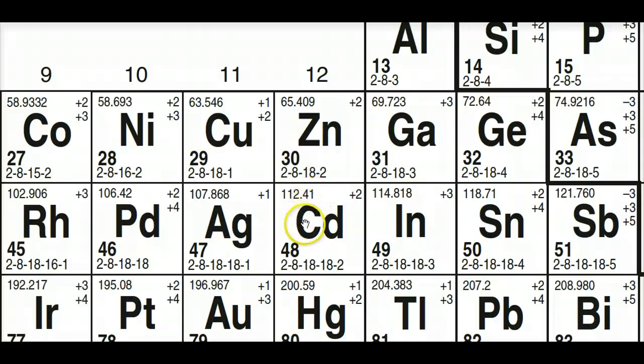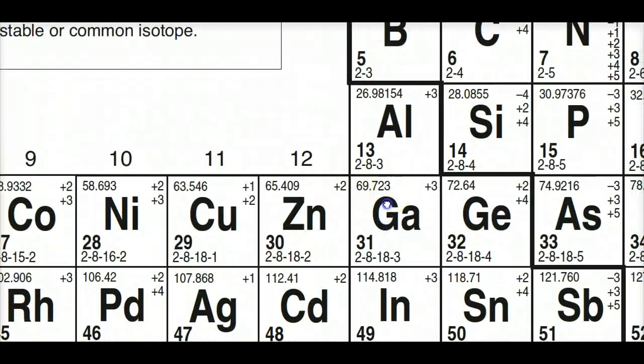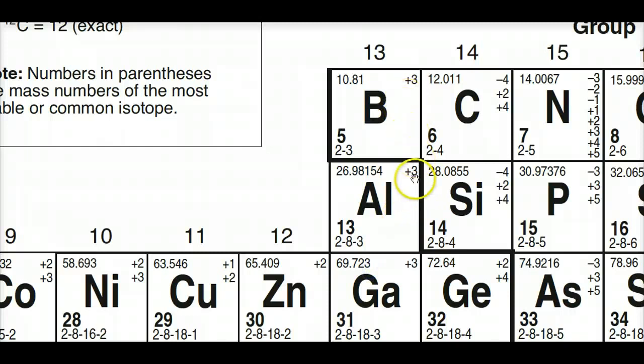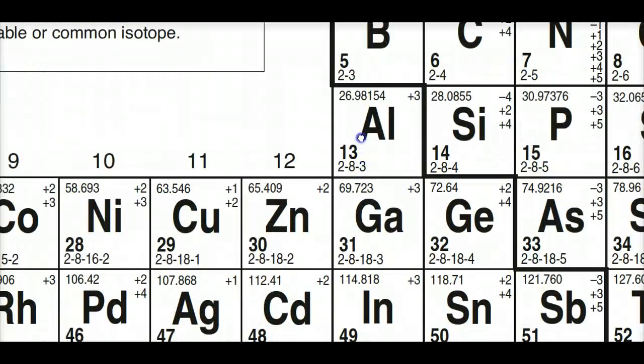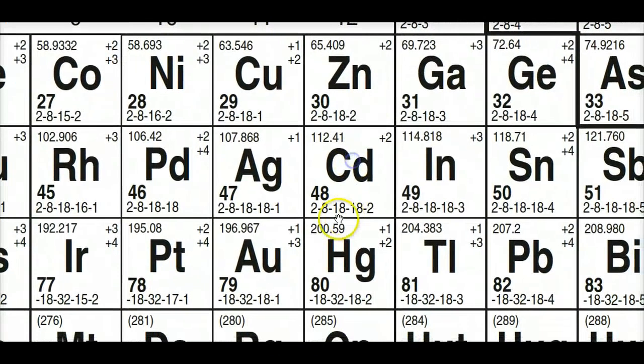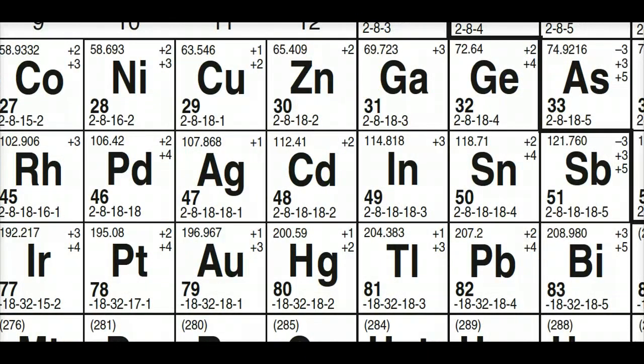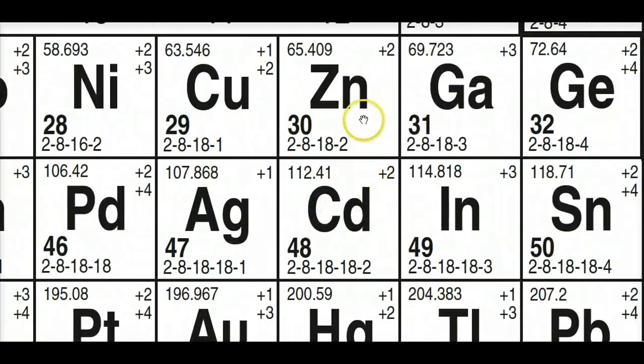So the electrons available for bonding for cadmium, like zinc and mercury, depend on how many electrons it loses. For instance, aluminum, like boron, likes to lose 3. Now it's kind of clear that 3 electrons is the last number. Now cadmium, even though it's got a more complex configuration, that last number there are those electrons available for bonding. The proof is that cadmium becomes +2, just like zinc.